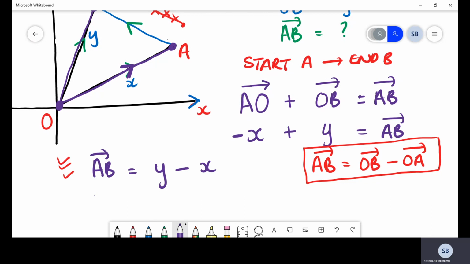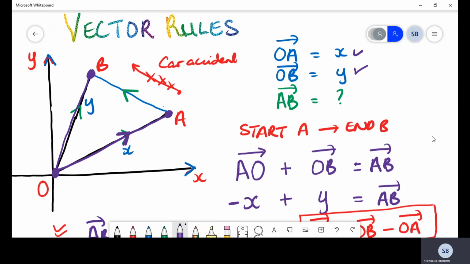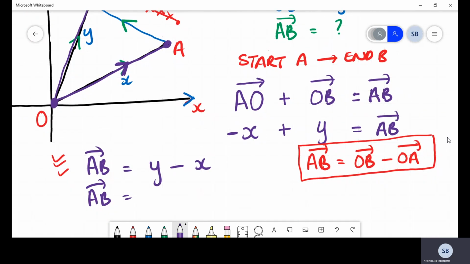Now, let's try to remember what y was equal to. If you recall from above, our vector y, our magnitude y, sorry, is denoted by the vector OB. So we are going to replace that magnitude with the vector that it is associated with, which is OB, subtract. What about x? What is x equal to?